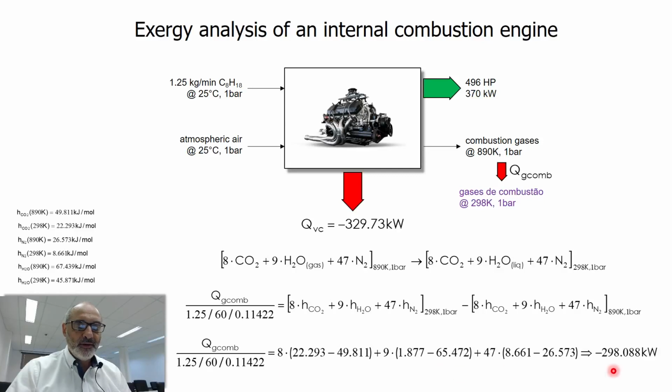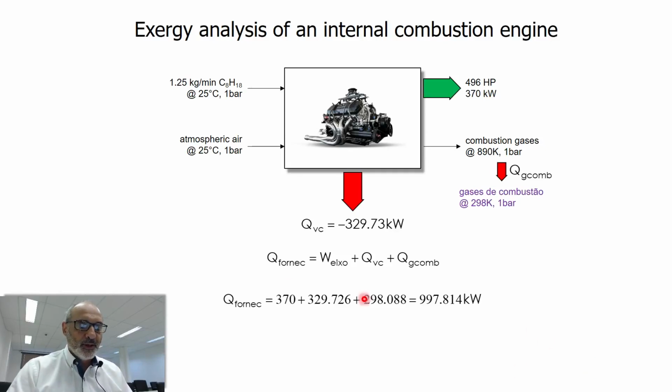When I replace all data that I have, I get this result. So heat is being removed at this rate, 298 kilowatts. Or I could have said that heat is being supplied to the combustion gases at this rate, minus 298. So it's a negative injection of heat.